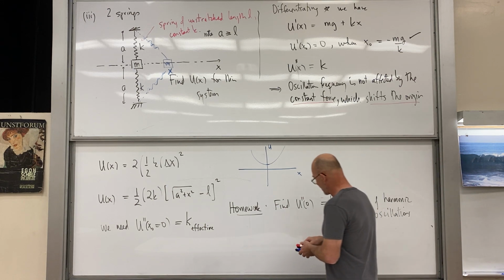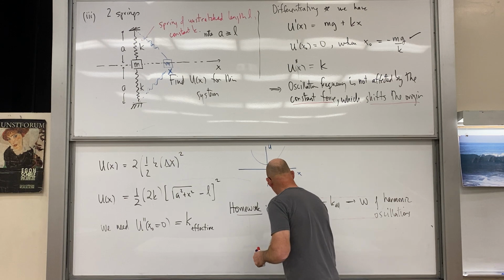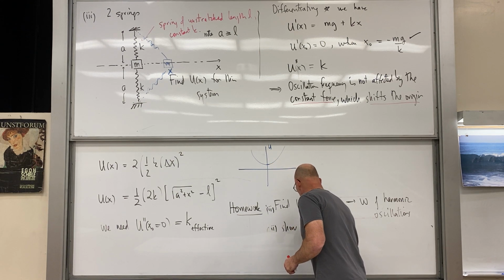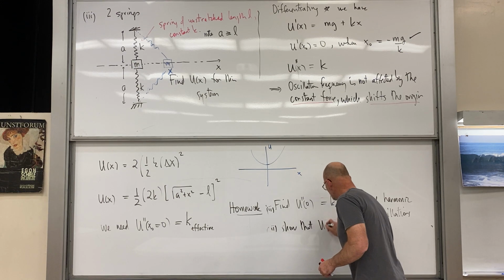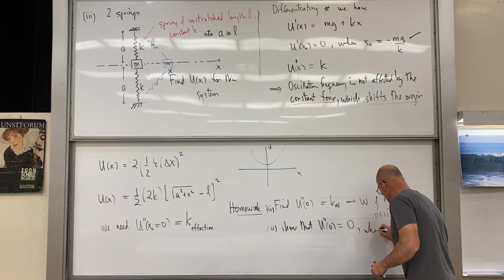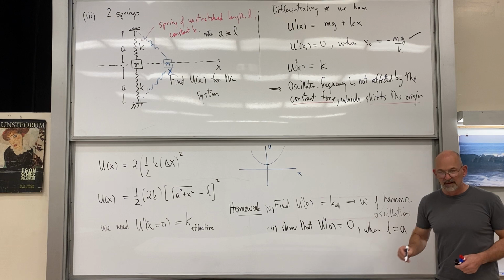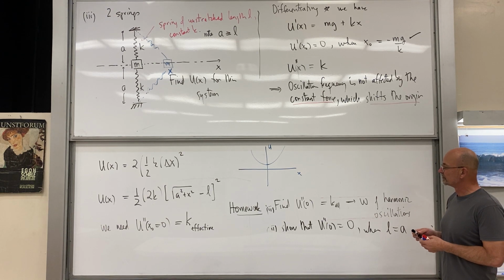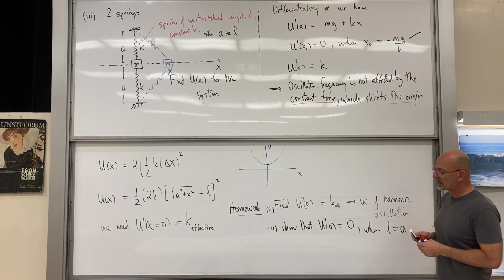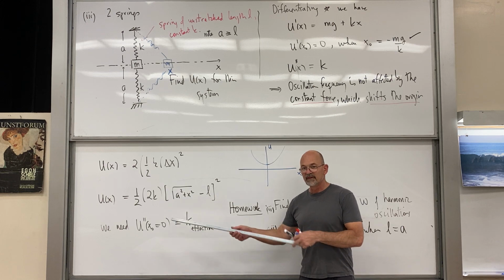And I'll also write, and this will follow immediately: show that u double prime of 0 equals 0 when L is equal to A. But what that's going to leave us with is the interesting question: what kind of oscillations do we have if the second derivative is 0?